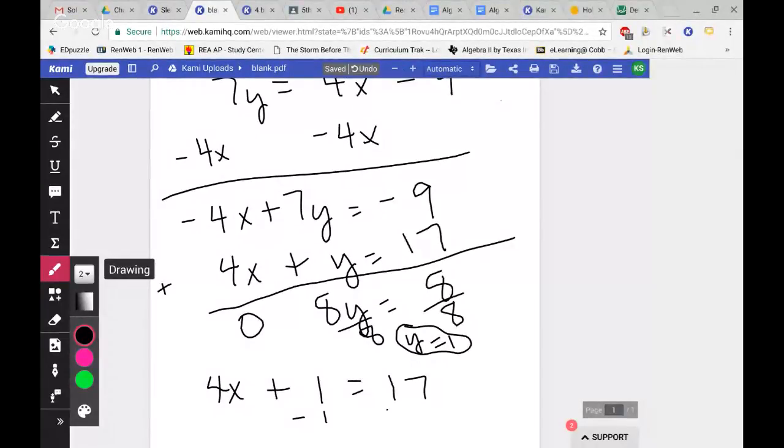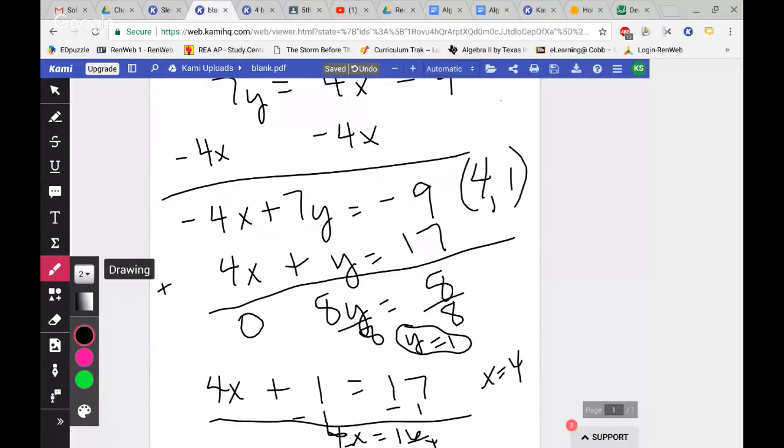Now I'm going to subtract 1 from both sides, and that's going to leave me 4x equals 16. I divide both sides by 4, and that's going to leave me x equals 4. So my ordered pair is going to be 4, 1 for this one.